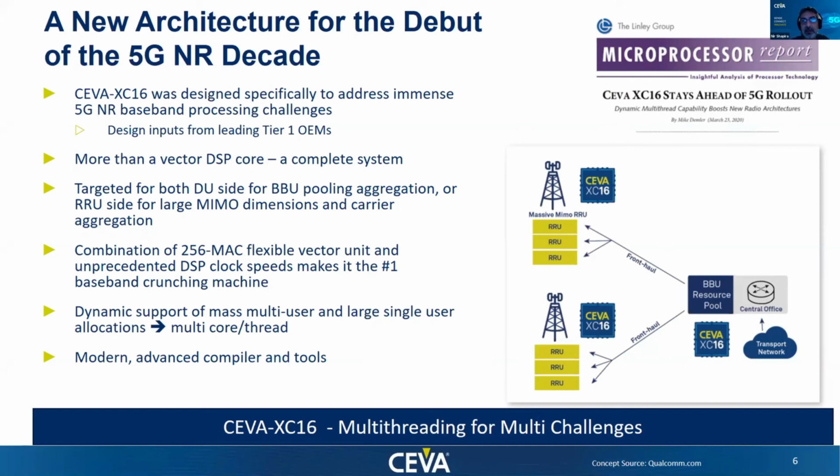And only recently, the Linley Group published this report affirming the XC16's position in the market. But it's not just sheer power. The XC core offers multi-thread operation, as I will show in a subsequent slide.